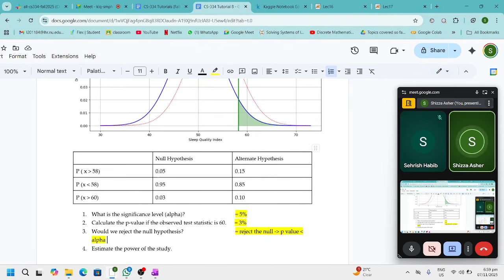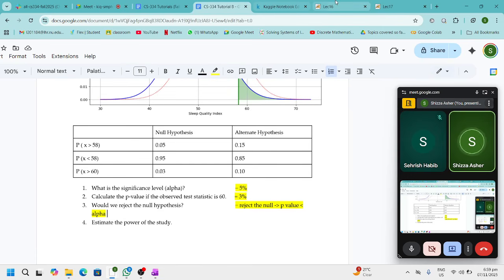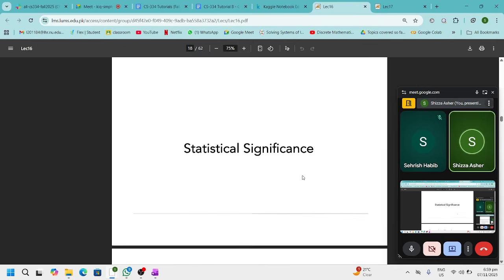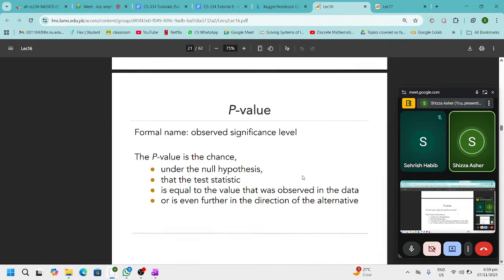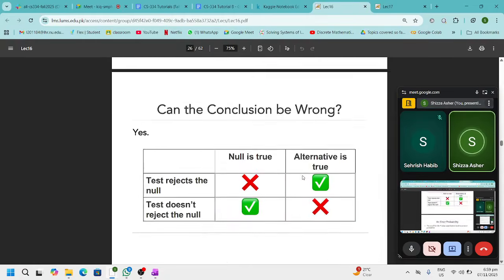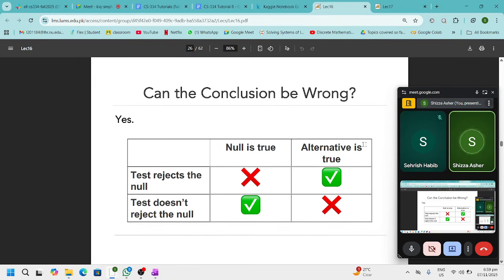Next, you have to estimate the power of this study. And that's another important concept that I want to reiterate over here. But before we do that, I just want to quickly tell you about type 1 and type 2 errors, because your conclusion could be wrong at the end of the day as well.